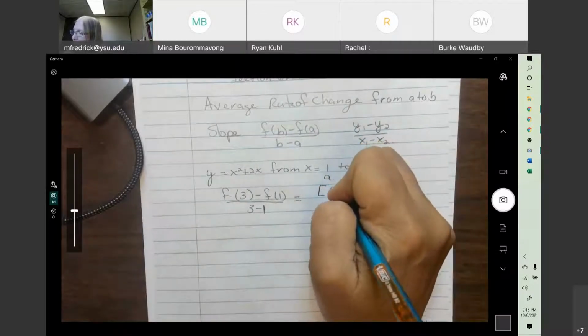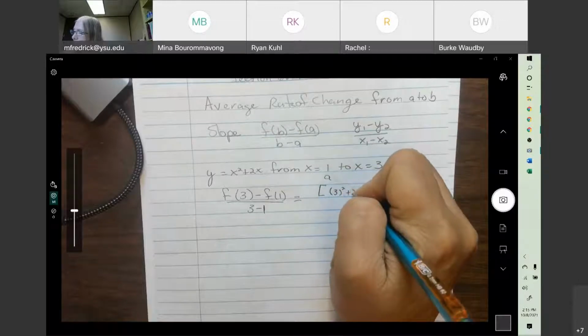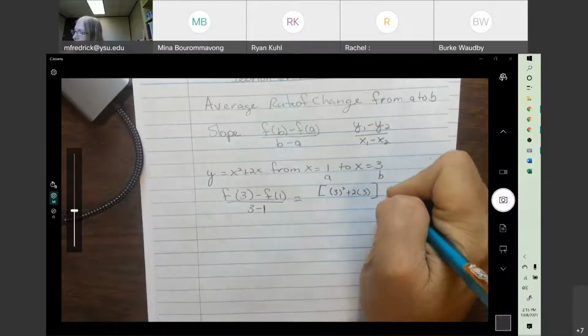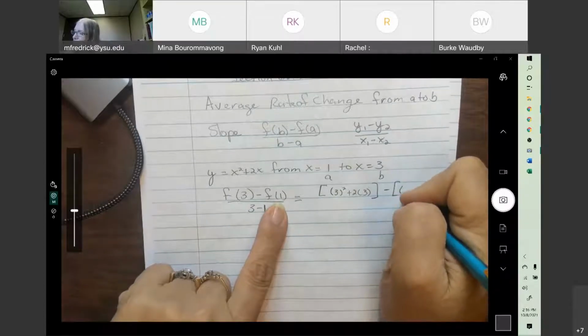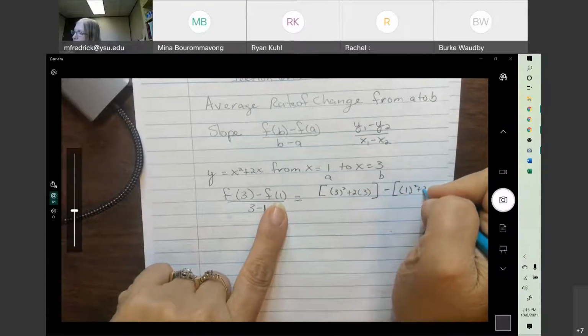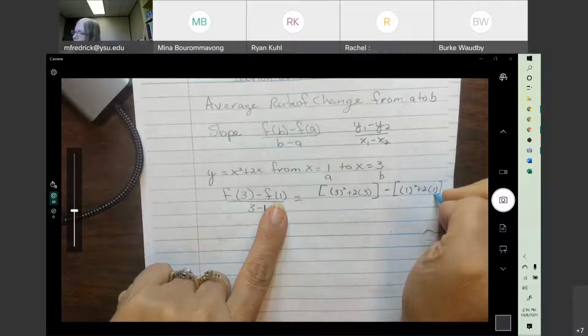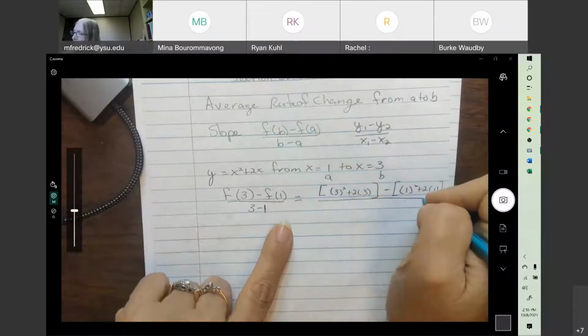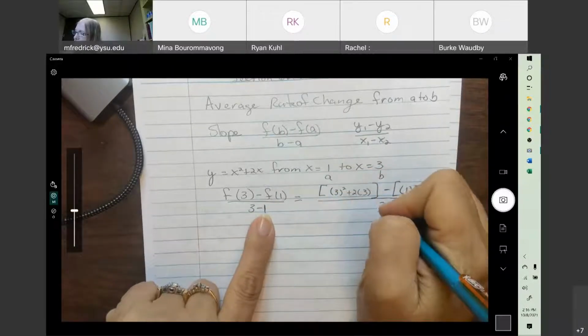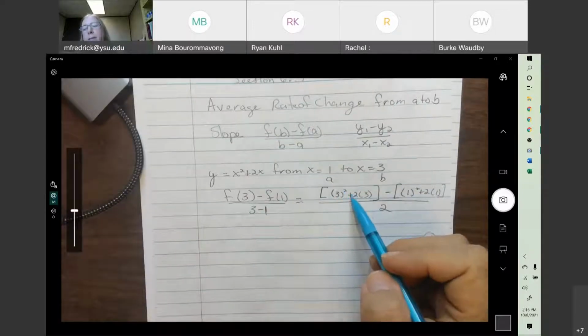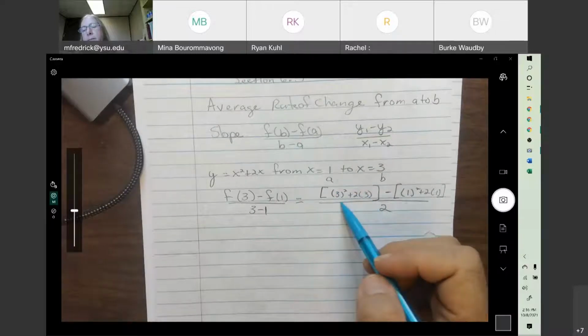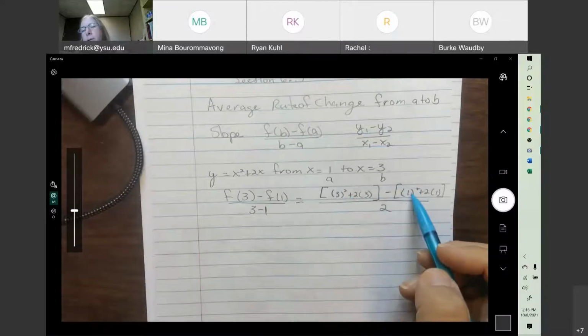We have 3 squared plus 2 times 3 minus, and then f of 1, 1 squared plus 2 times 1. Now this one's not too hard. We can do it in our head. And 3 minus 1 is 2. We can see that this is 9 plus 6, or 15. And this is 1 plus 2, or 3.